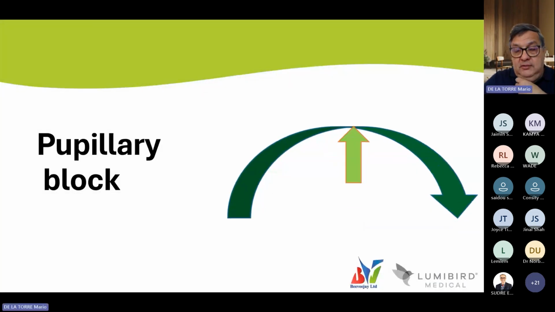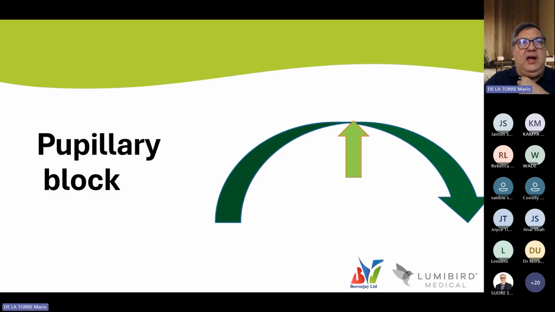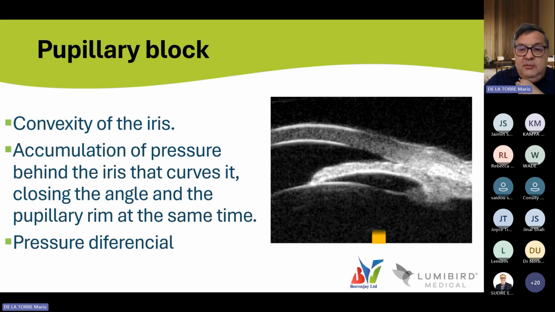Pupillary block is very important because we have iridotomy in our hands to solve it, but you must be sure that this is what happened. Why? Pupillary block leads to convexity of the iris, because there is pressure here, and the accumulation of pressure behind curves it, closing the angle, and the pupillary rim as well.